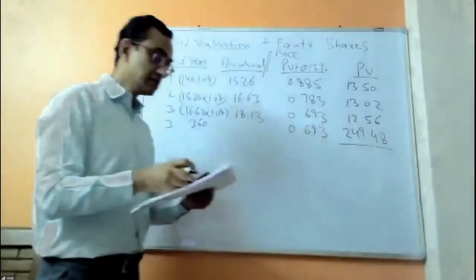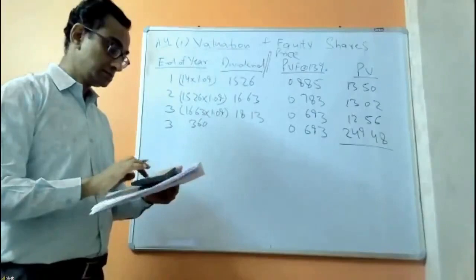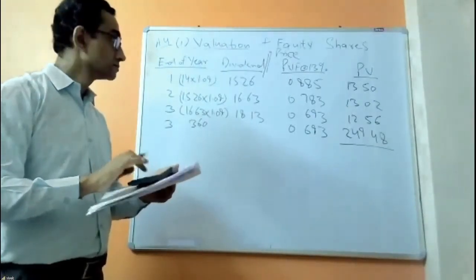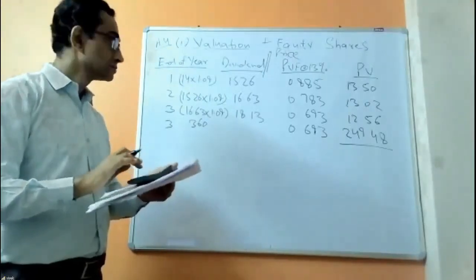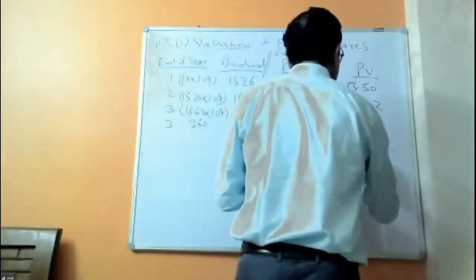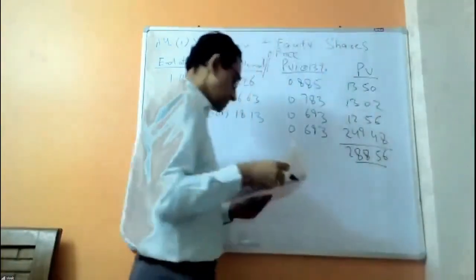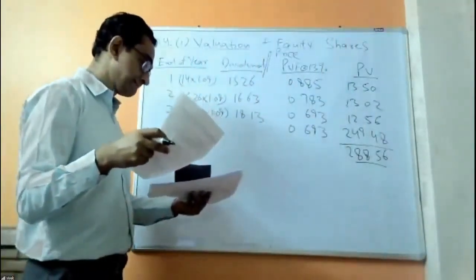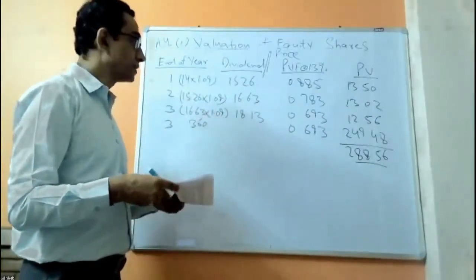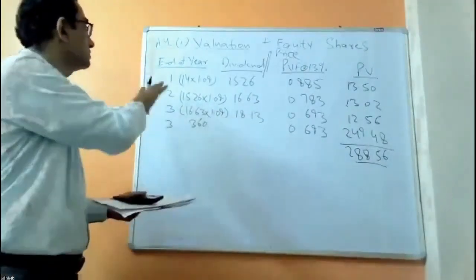Let us add all these figures, present value of all the years. It is coming to about 288.56. So please check at your end whether the answer is coming or not, the first part.